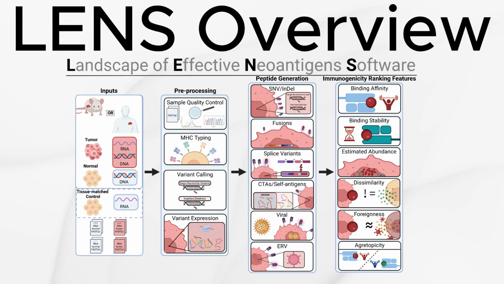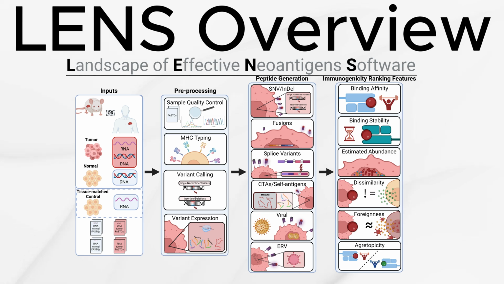LENS is an end-to-end workflow for predicting both neoantigens and tumor-associated antigens. LENS starts with FASTQ files and ends with a list of predicted peptide MHCs, also known as PMHCs, that may be biologically interesting or clinically relevant. These PMHCs can originate from single nucleotide variants, insertions, deletions, splice variants, fusions, viral or retroviral elements, or overexpressed self-antigens.